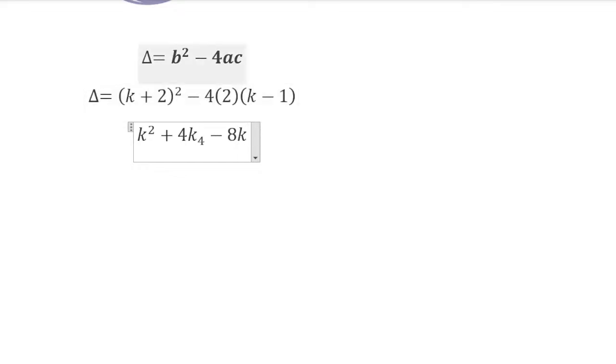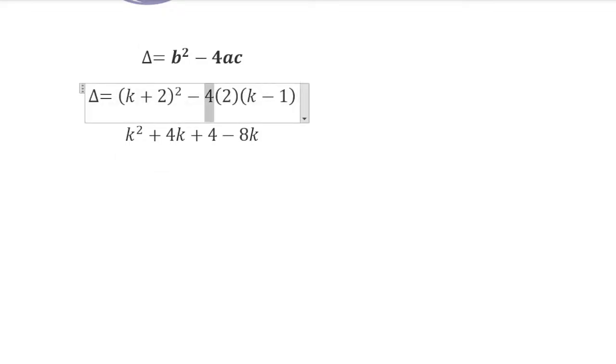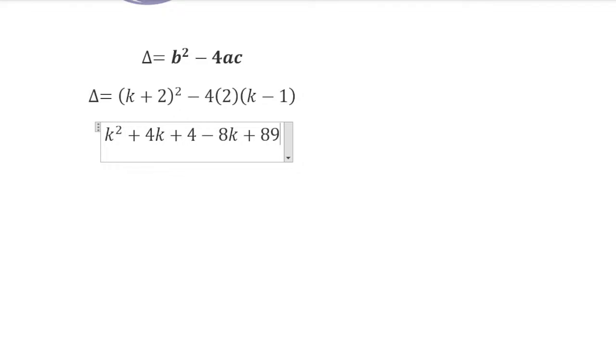Remember here it's 4k plus 4, yes. Then negative 4 times 2 is negative 8 times k, negative 8k. Then negative 8 times 1 times negative 1 is positive 8. Now let's simplify.